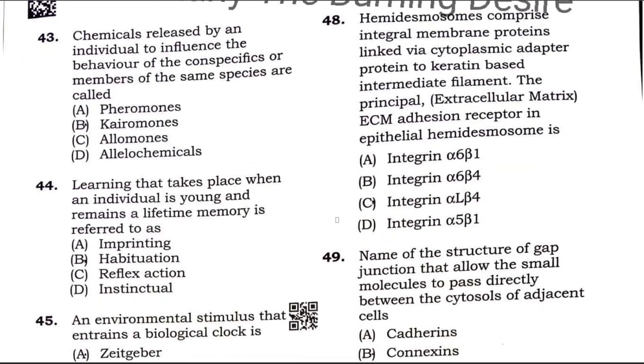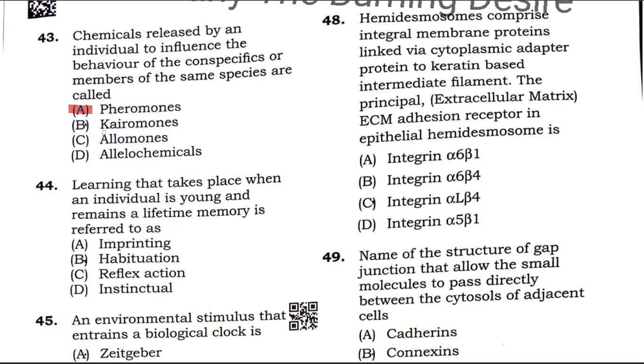Then comes question number 43. A chemical released by an individual to influence the behavior of a conspecific member of the same species is called a pheromone. If I talk about the benefit, the benefit is to the receiver, like in the predator-prey relationship.